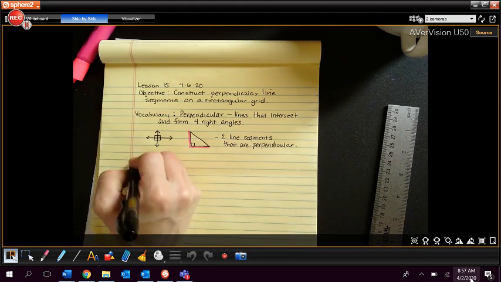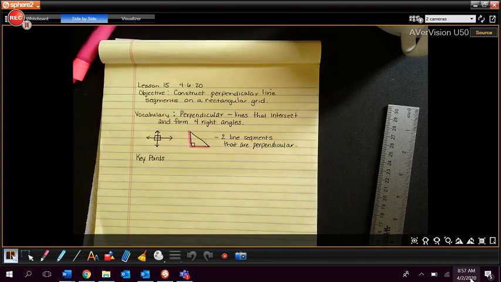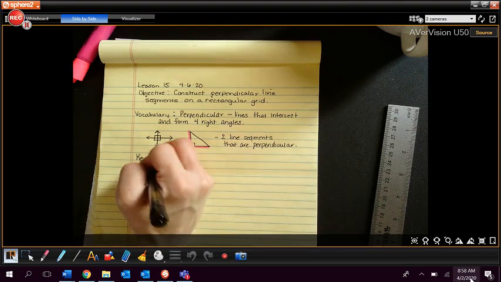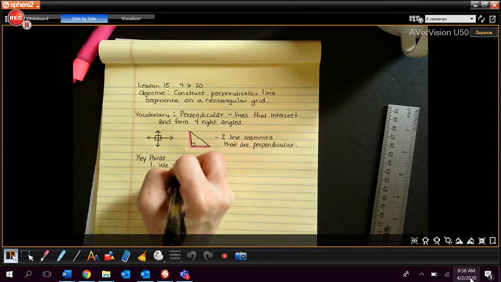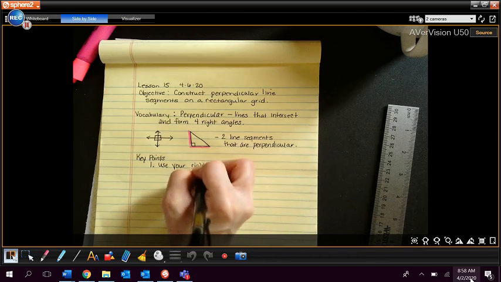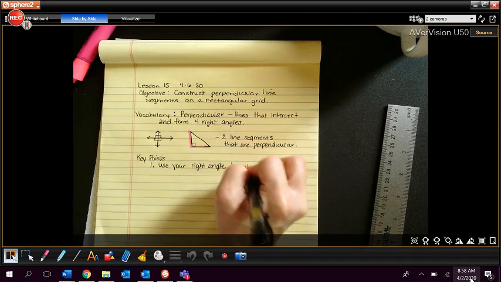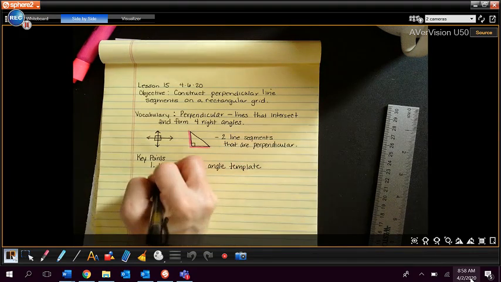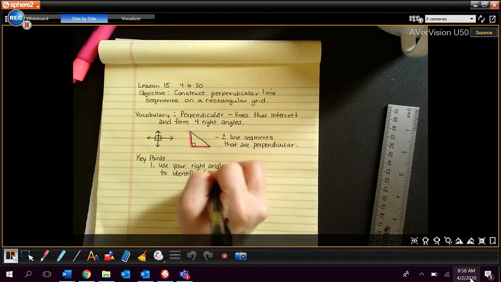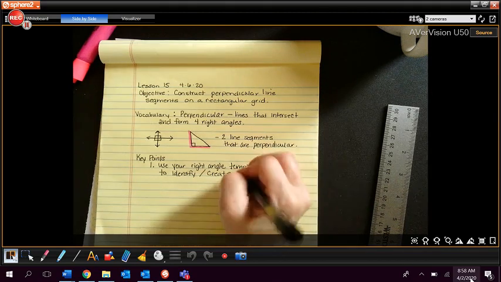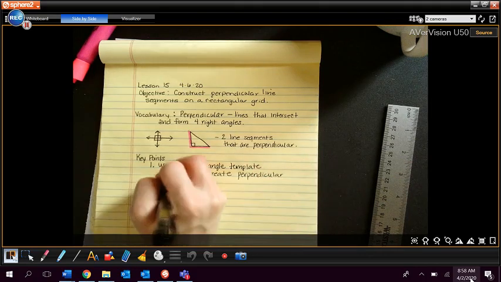Now our key points for today's lesson, we're actually just going to have one main key point. Our key point is: use your right angle template to identify and create perpendicular lines.